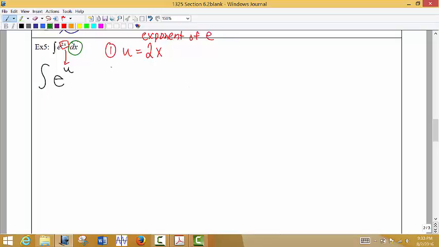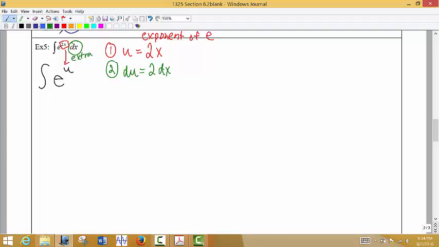So how am I going to replace that? Well, the second step is to take the derivative of what's in step 1. So I'm going to take the derivative of both sides. So u, the derivative of that is du. 2x, the derivative of that would be 2 dx. So we're taking the derivative with respect to x, so 2 dx. Alright, well, does the right-hand side look exactly like what I've circled as the extra stuff floating around?